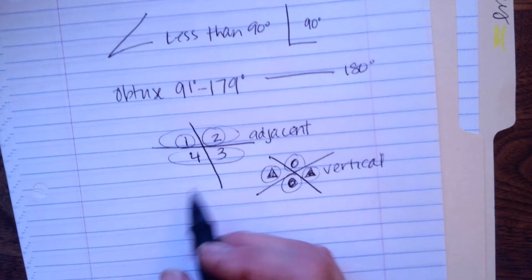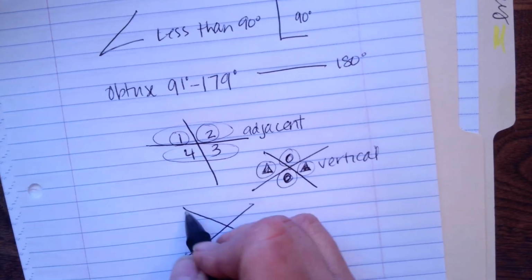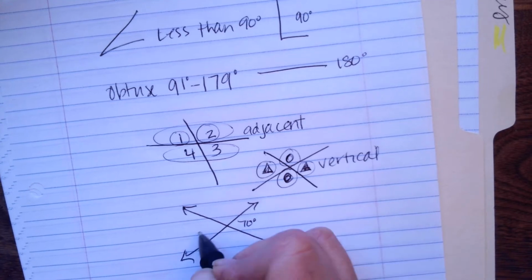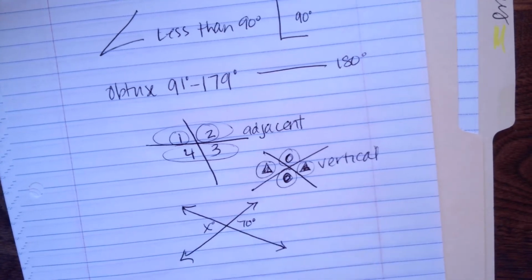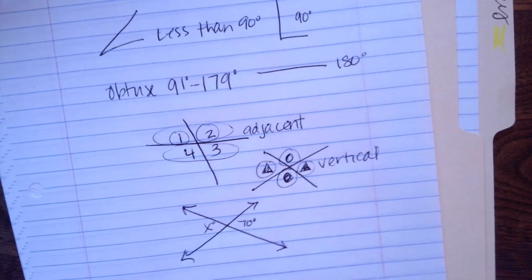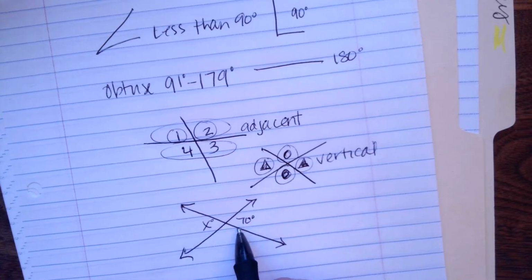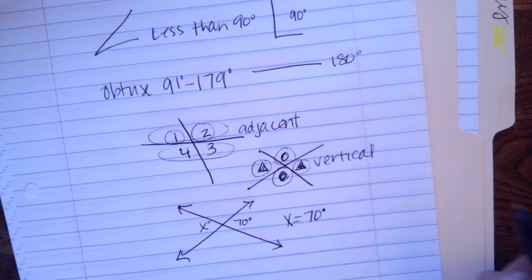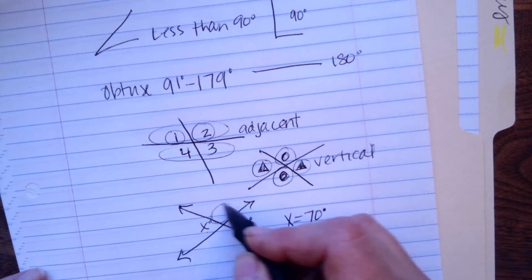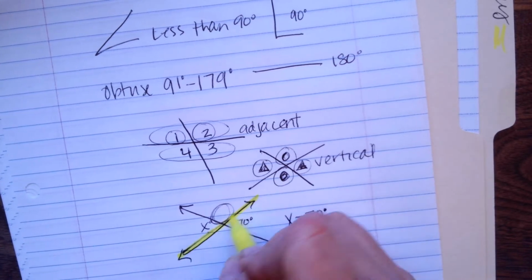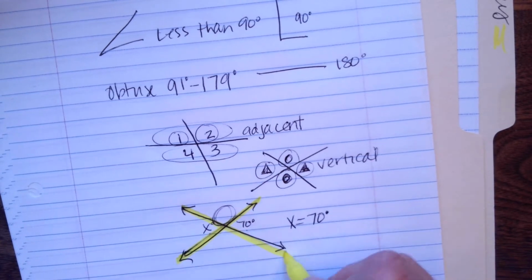So in our example we just did, before I started recording, we had an angle of 70 degrees here, and then they asked you what degree this vertical angle was, and we know because they're vertical angles, this one's 70, so this one is 70. So x equals 70 degrees. If they asked us how much this was right here, this right here is a straight line, as is this.